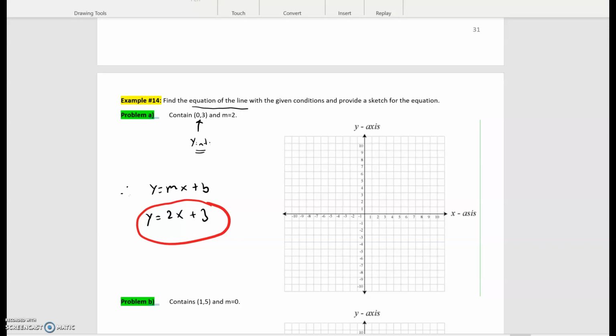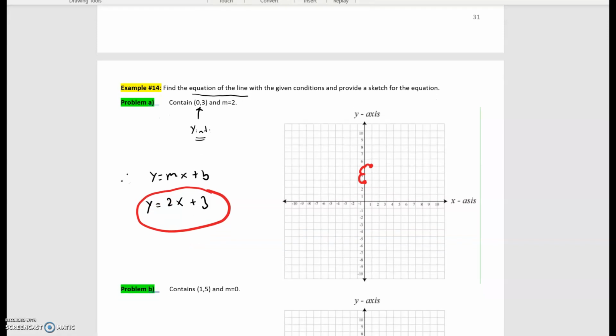And then for the graph, we're going to be using (0, 3) as a coordinate point, and then a slope of 2. So technically up 2 and 1 to the right. That would be our second coordinate point. Let me insert the line.